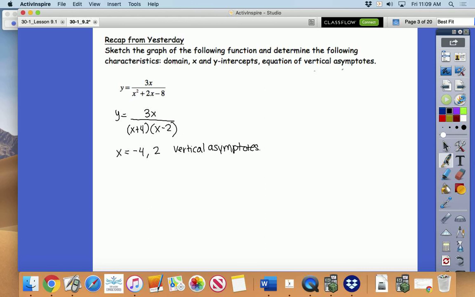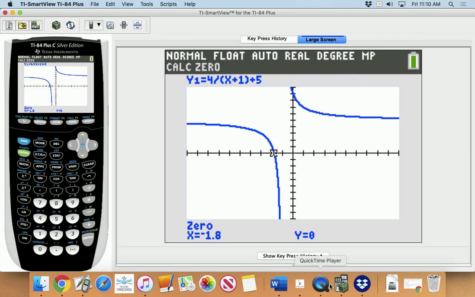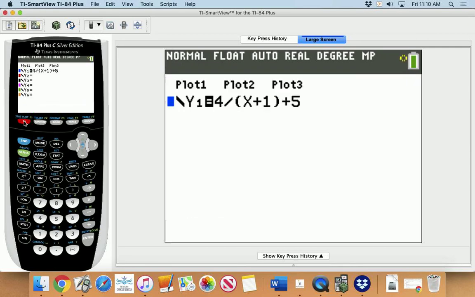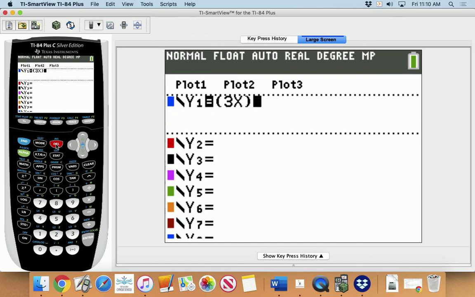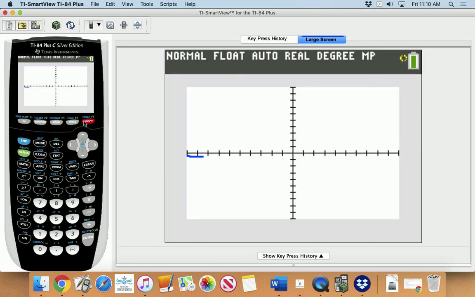I'm going to graph this right now so I can show you what's actually occurring here. I'm going to graph, in brackets, 3x divided by, in brackets, x squared plus 2x minus 8. Close your brackets, graph this here.